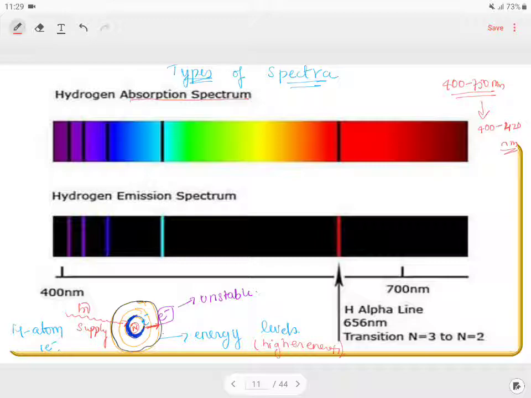Since we are observing the amount of radiation which is absorbed, that appears as bright spaces like this, bright bands. This blue and this green and red color, all these correspond to the wavelength of radiation which is absorbed by the molecule.